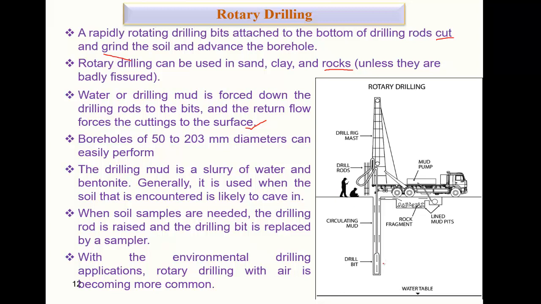Boreholes of 50 to 203 mm diameter can easily be performed. That means you can do higher diameter boreholes. Nowadays you might see in projects of 300 feet, or some of the very big projects inside Dhaka, they are using this kind of drilling machine. Maybe you might see.